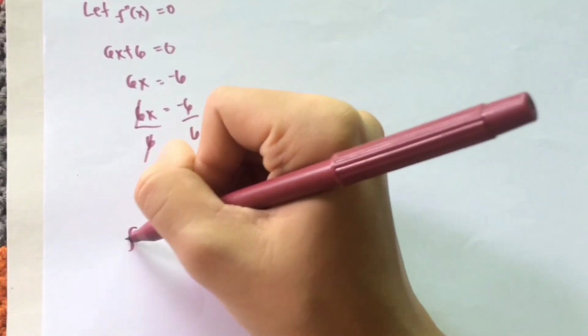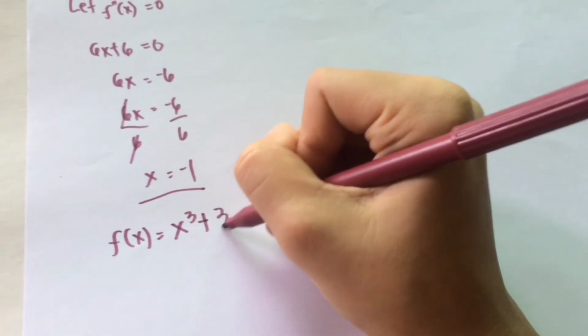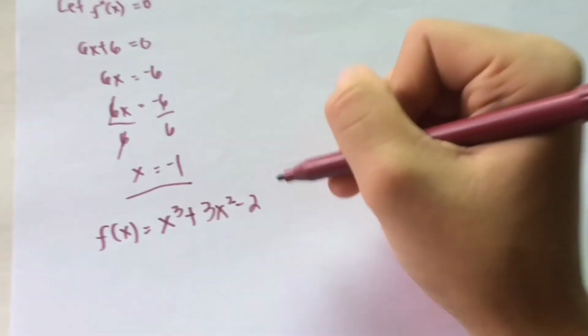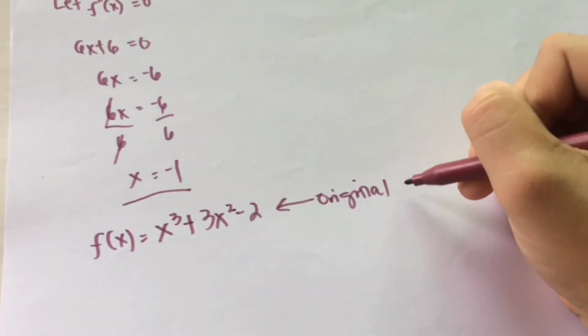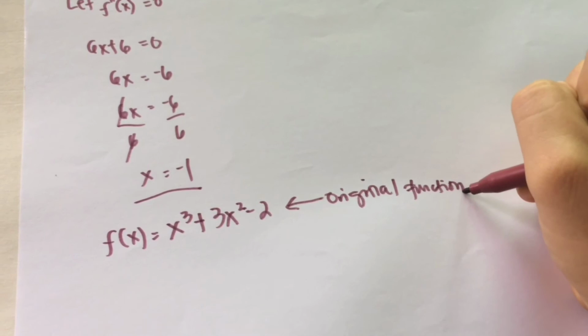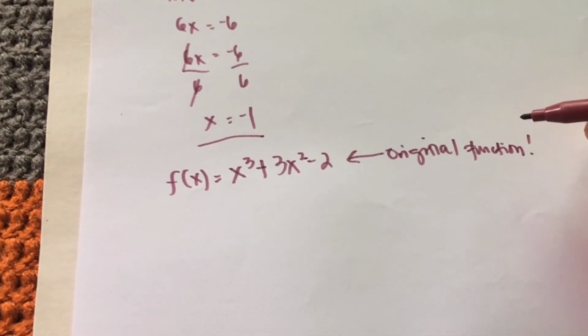Again, f of x is equal to x cubed plus 3x squared minus 2, our original function. So now, let us substitute negative 1.